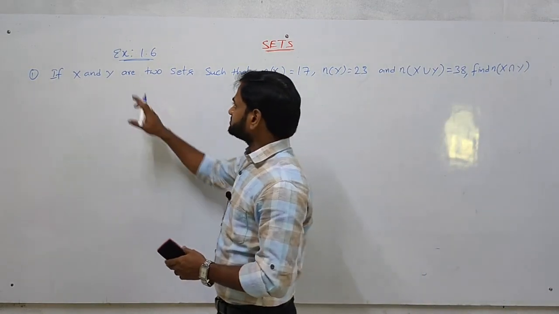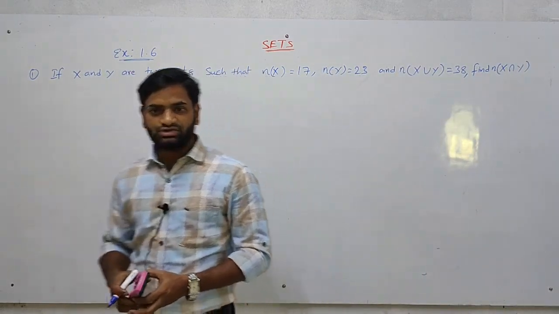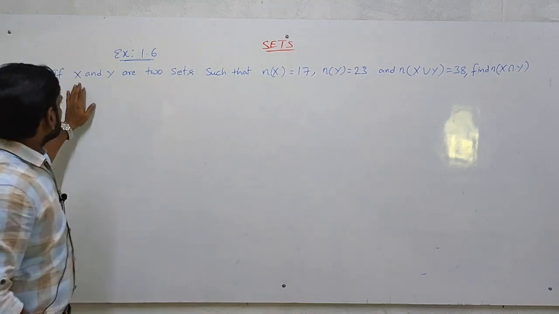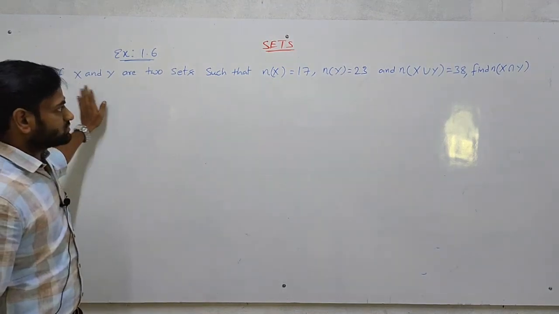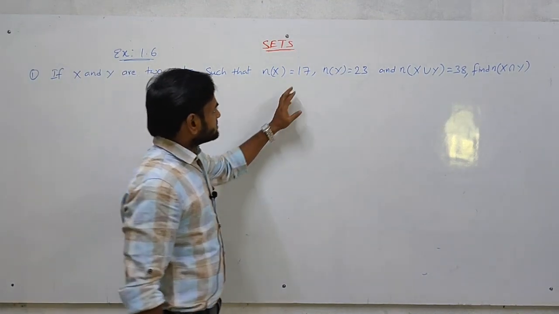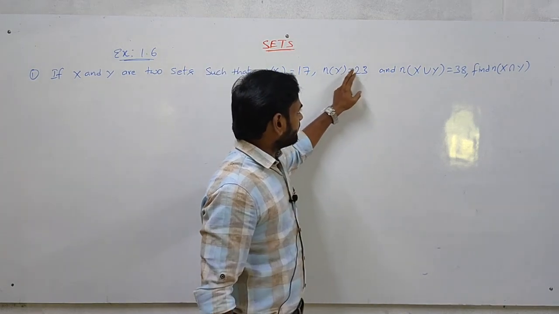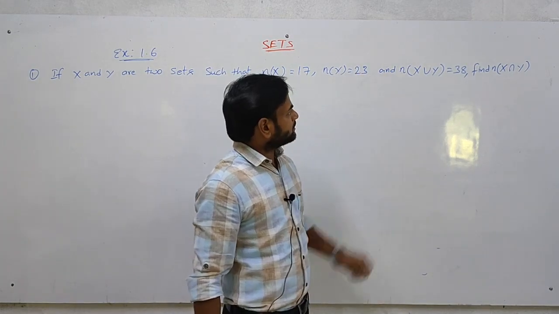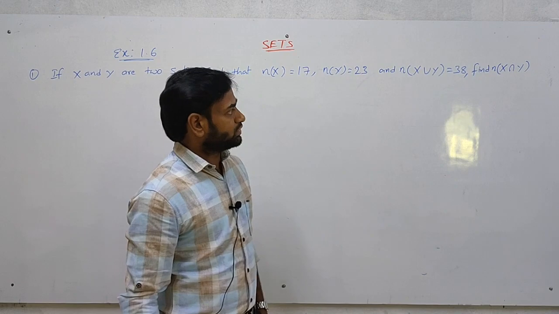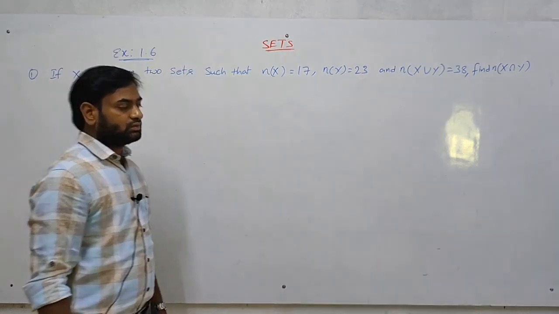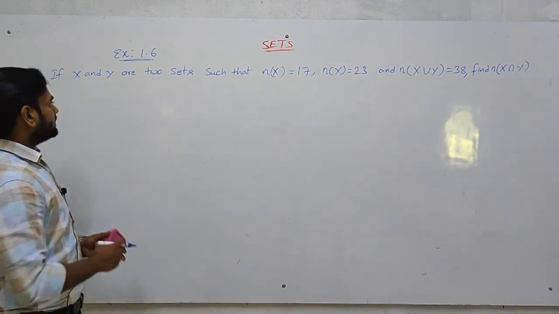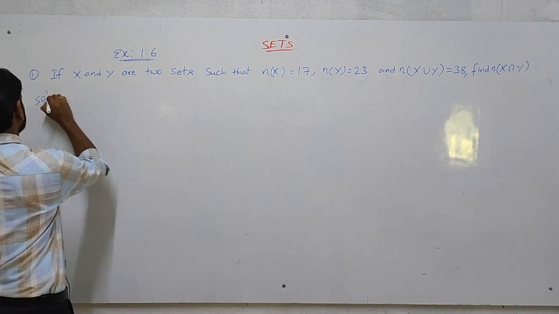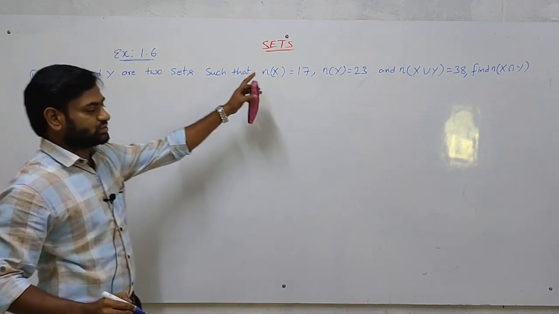See the exercise problems. Exercise 1.6, first one. If x and y are two sets such that n of x equal to 17, n of y equal to 23, and n of x union y equal to 38. So, what is given? First one is n of x equal to 17.